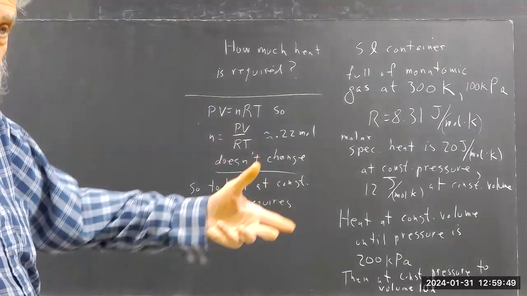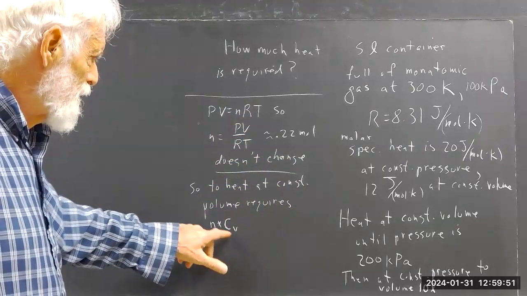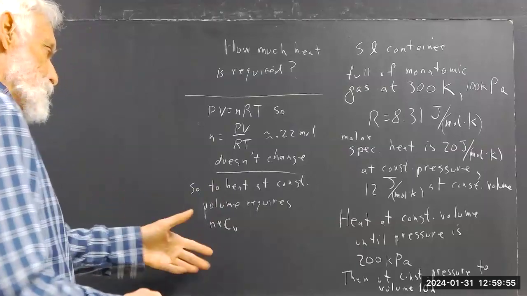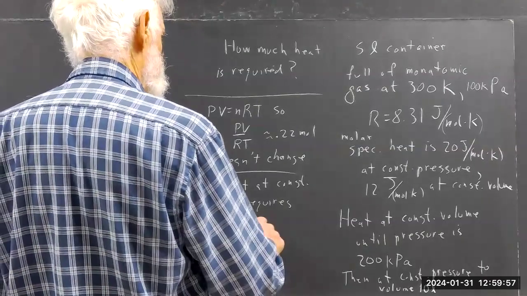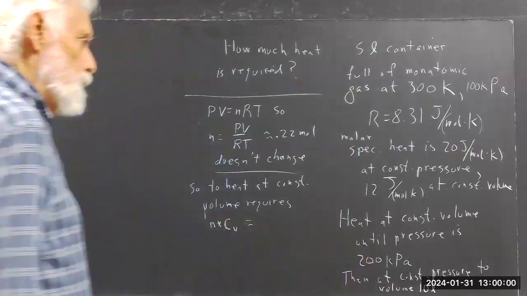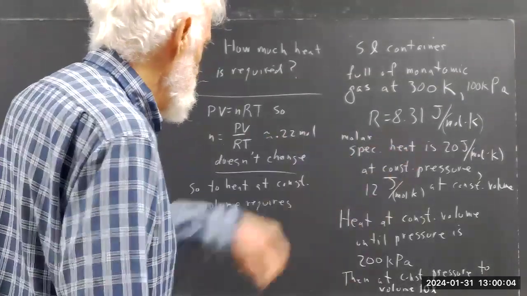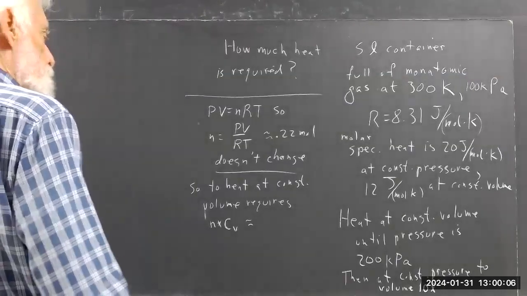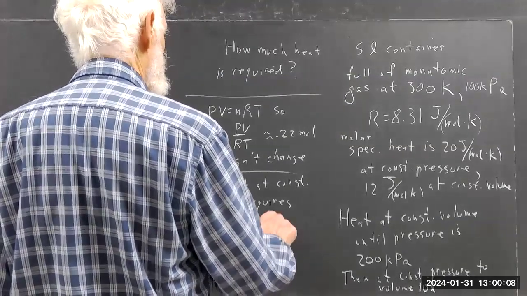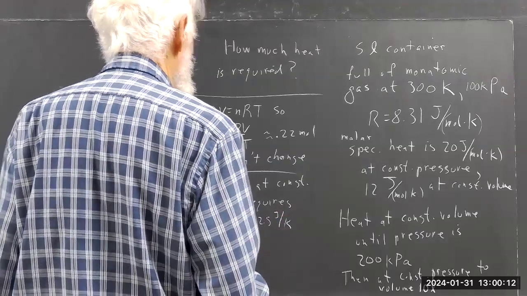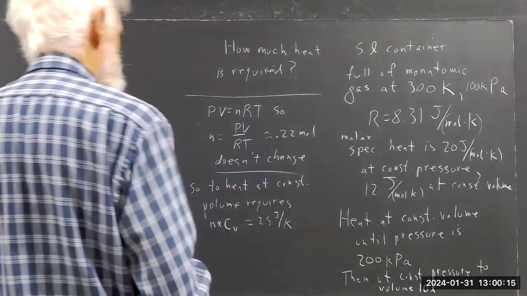Specific heat is often C. I use a capital C, V is a subscript, just a specific heat of constant volume. Then we can do a number there. 0.22 moles times 12 joules per mole Kelvin comes out about 2.5 joules per Kelvin.